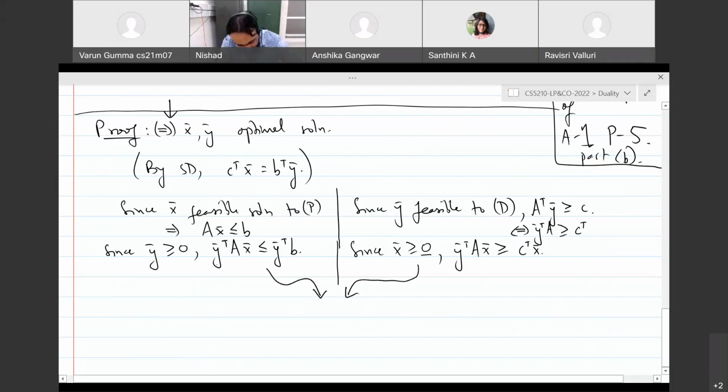We've got these two inequalities, and you see that there is a common term. In particular, c transpose x bar is less than or equal to y bar transpose A x bar, which in turn is less than or equal to y bar transpose b. And notice that y bar transpose b is the same as b transpose y bar.